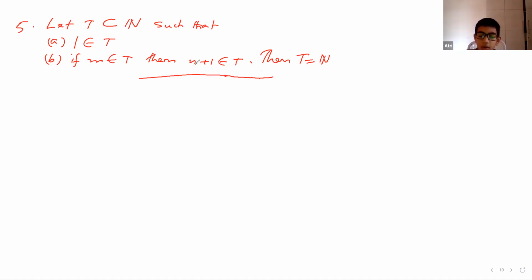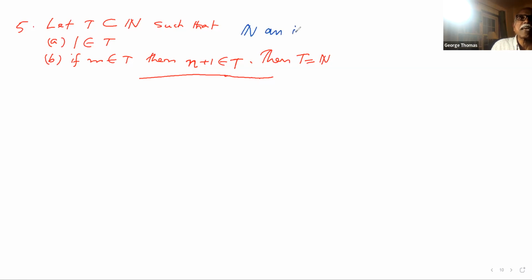Yes, sir. But what is the point of making T? Because if T is N, then what is the point of making T? You see, I am unable to explain that here because N is called an inductive set. That's a slightly long story to fully understand this.